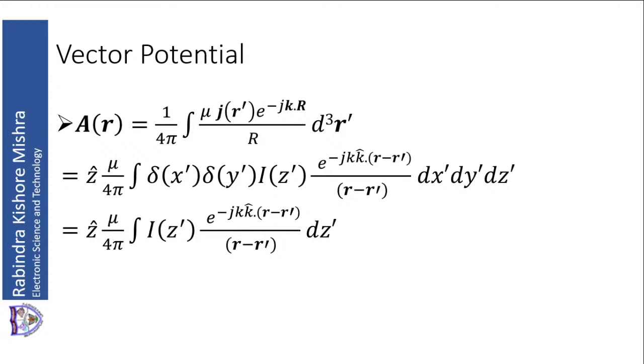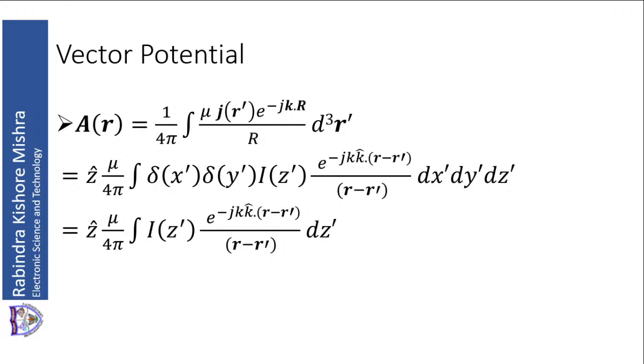So outside we have z cap, mu by 4 pi, integration of delta x dash, delta y dash, then I(z dash) that we got from J(r dash), then exponential minus j k dot capital R. The k vector is equal to k into k cap, and capital R is equal to r minus r dash, so we put k cap dot (r minus r dash).